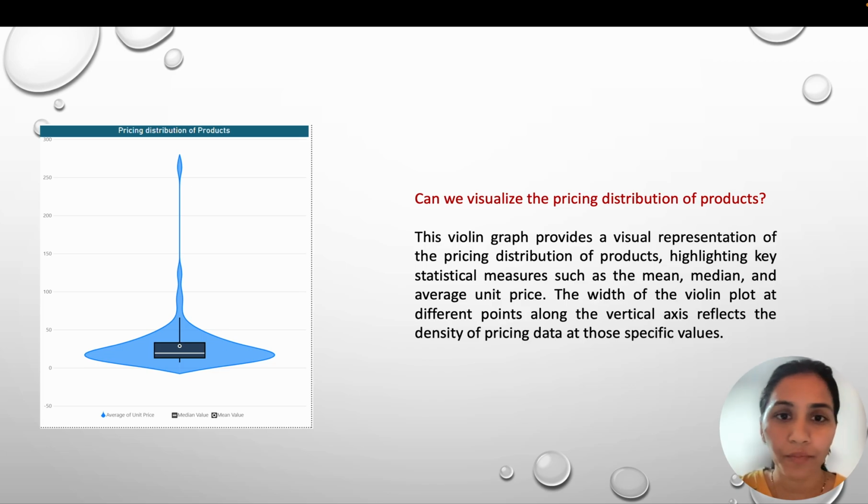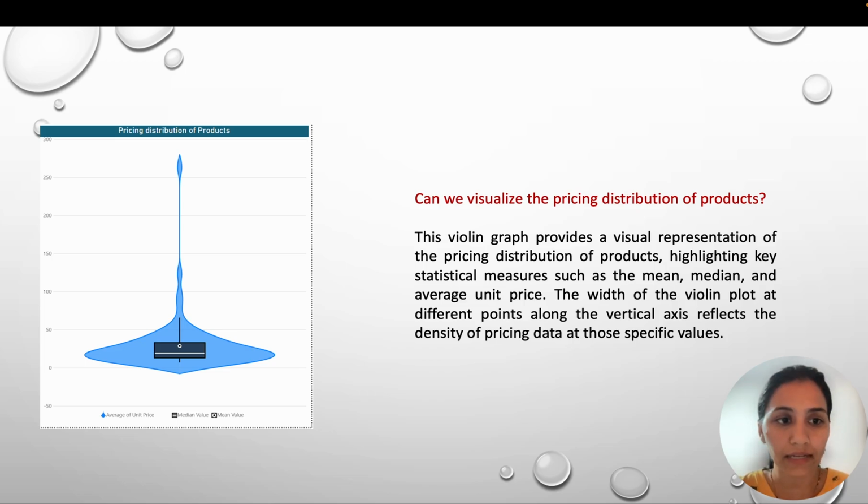The last question of product analysis is, can we visualize the pricing distribution of products? For this one I have created a violin chart, which is similar to the box plot, but it does not show the outliers.